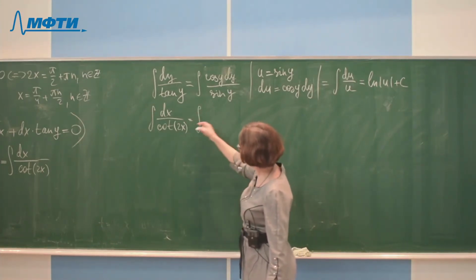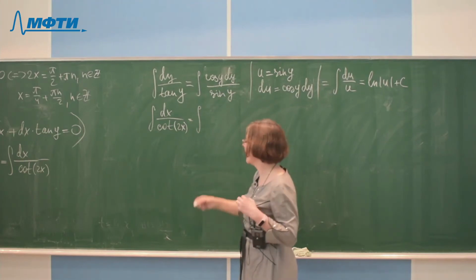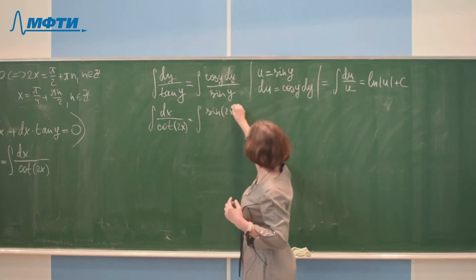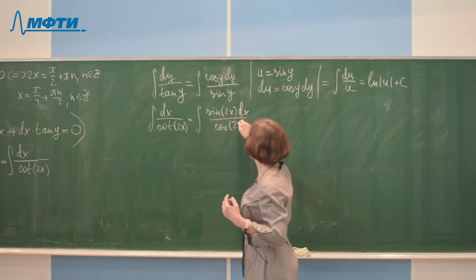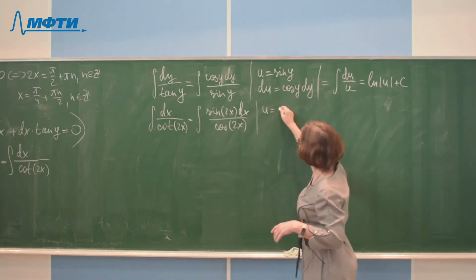Likewise, we can represent cot 2x as the ratio of cos and sine, and it will be equal to the integral of sine 2x dx over cos 2x. Then we will use a substitution, u equals cos 2x.